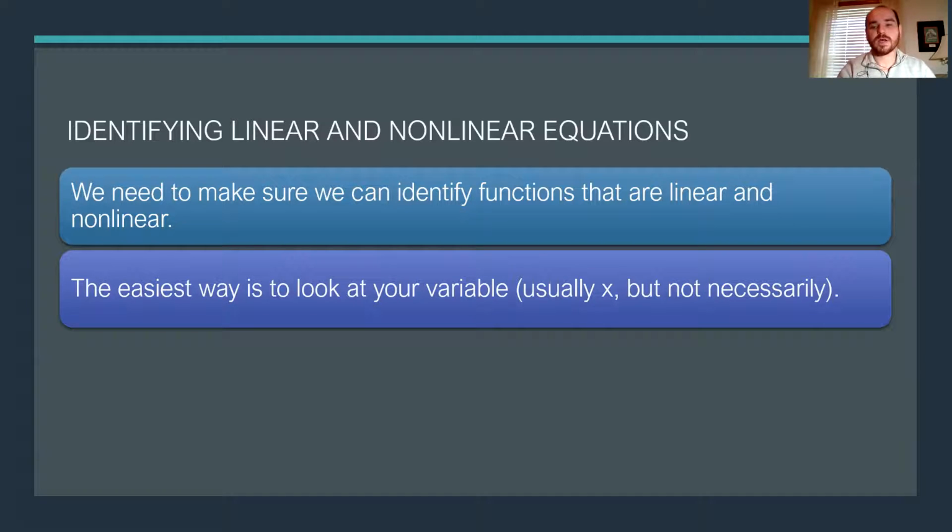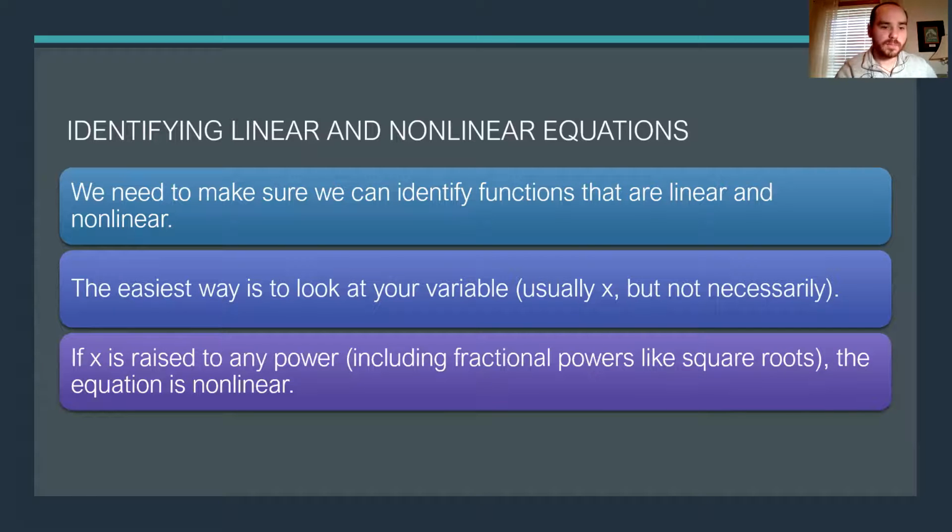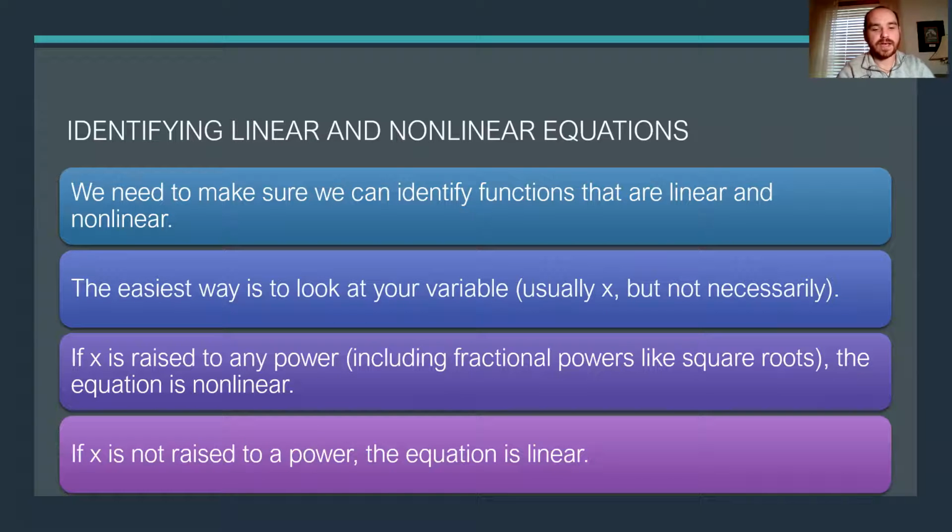Generally it's going to be an x just because that way, if you put it into y equals mx plus b form, you can graph it that way. If x is raised to any power, including fractional powers like square roots, cube roots, negative powers, anything like that, you're going to have a nonlinear equation. But if the x is not raised to a power, the equation is most likely linear.